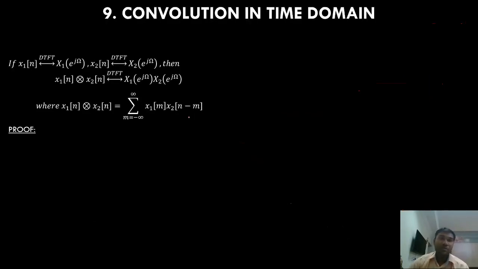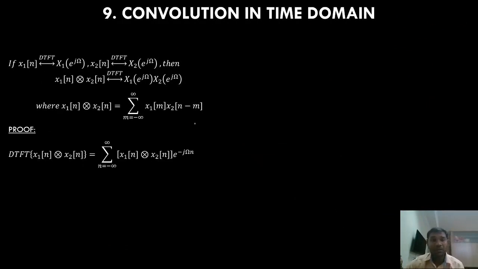Now the convolution property, convolution in time domain. This is very similar to how we have proved it in the continuous time Fourier transform. I take the convolution of the two signals, and what is the convolution formula?